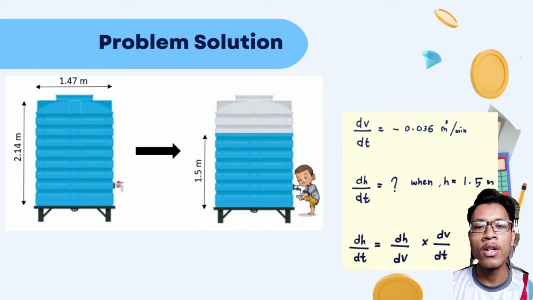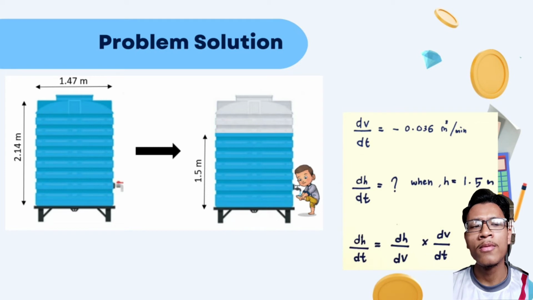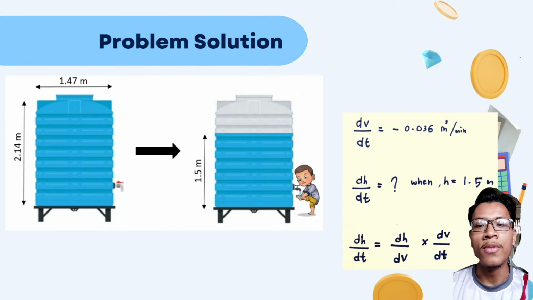It is negative because it flows out. And then we must find the rate of change in the height when h equals 1.5 meters. So I first made the equation, dh over dt equals dh over dv times dv over dt.